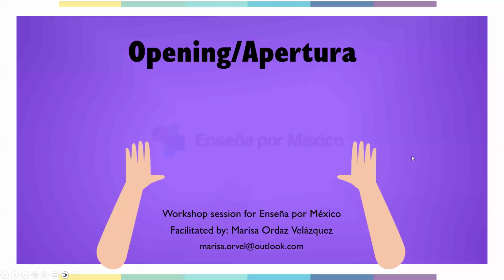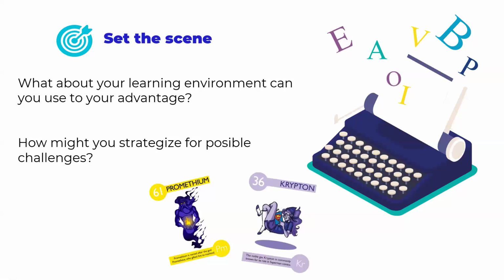So here we go. The first thing we have to do is think about how we are setting the scene, right? So we're setting the scene for our learning and teaching experience. And what we want to do when we do this is adapt it to the very specific conditions that we have.